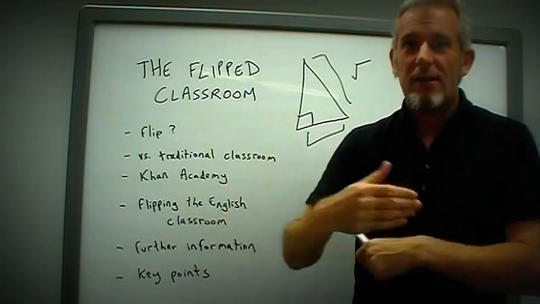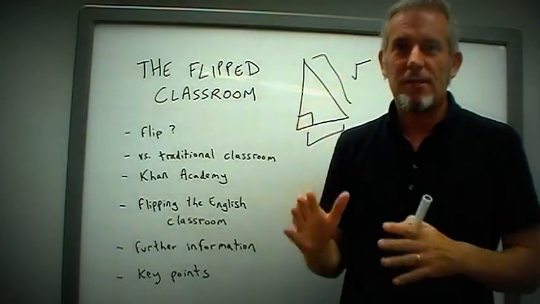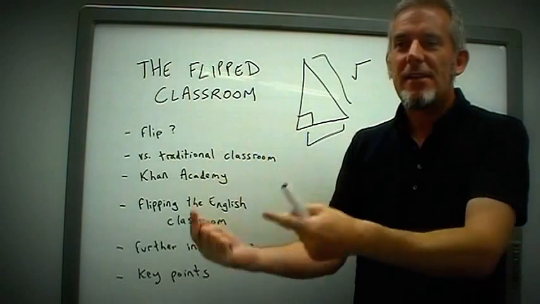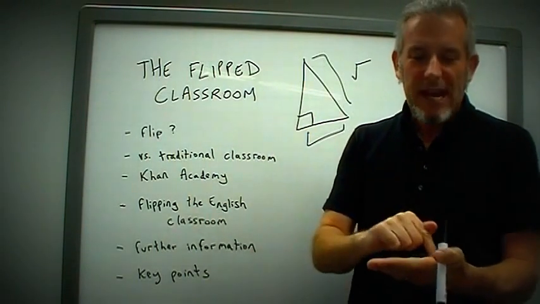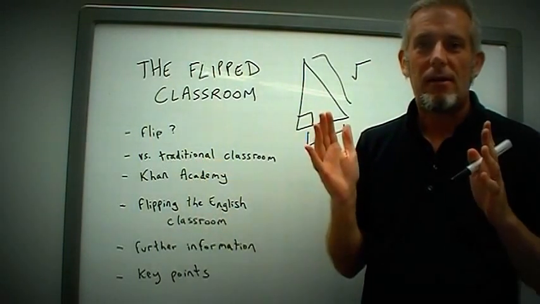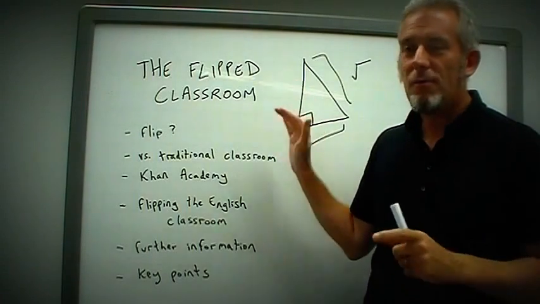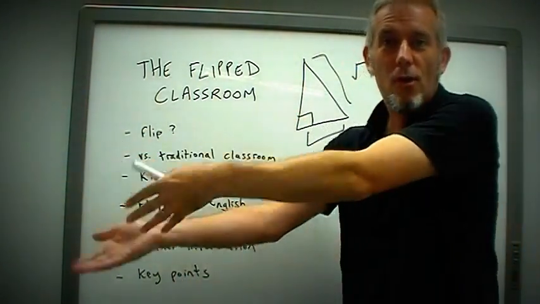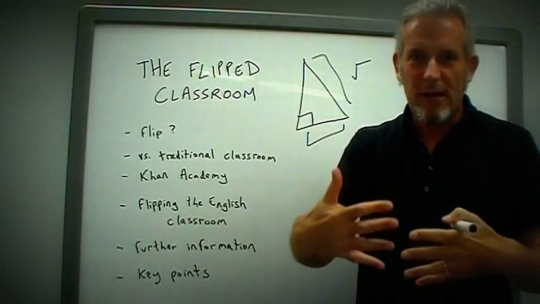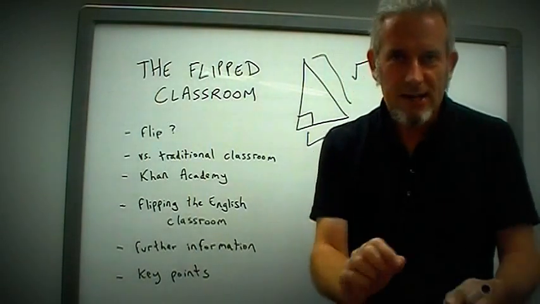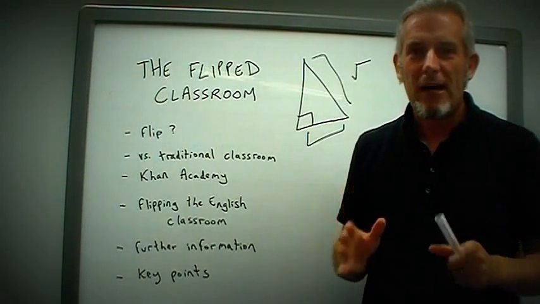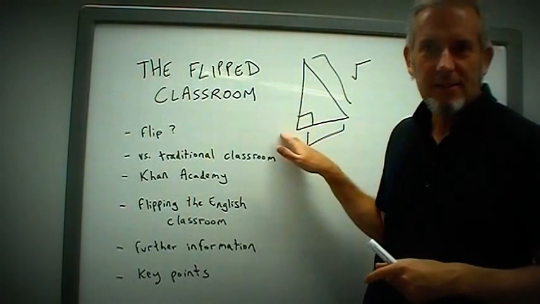They can work at their own pace to try to understand the concept, at home. And then in the classroom, they do the exercises that would traditionally have been the homework. So the classroom lecture is done at home and the homework is done in class, because now the students can ask the teachers for help and advice. The teacher can check that they're doing the exercise correctly. So we flipped the idea of how to, in this case, teach mathematics.